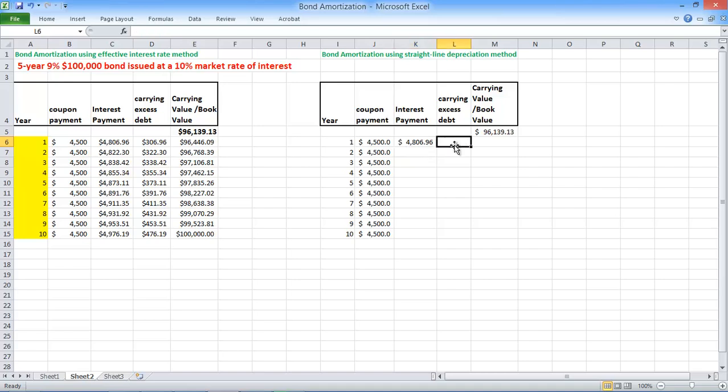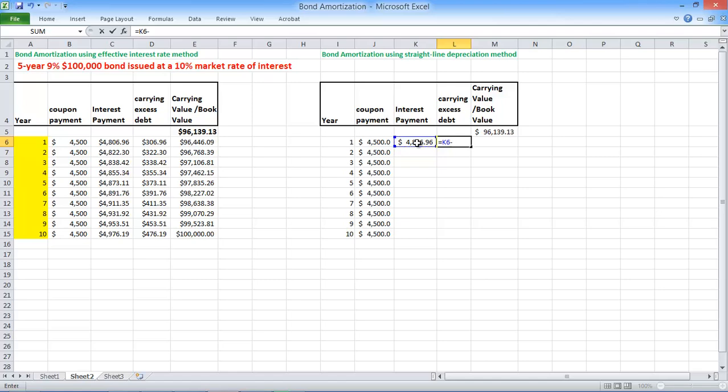Now, the key step where most accounting and finance students go wrong or don't understand is this step. So pay a lot of attention. Our coupon payment, which we are paying to investors every year, is 4,500, but the effective cost is 4,806. So we are paying less. What's that amount that we are paying less?